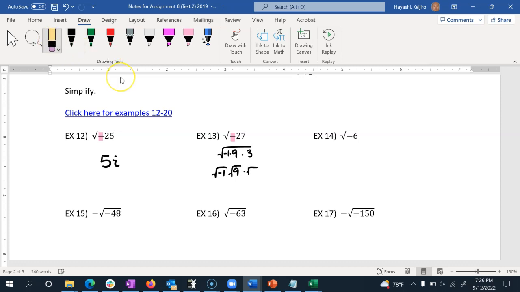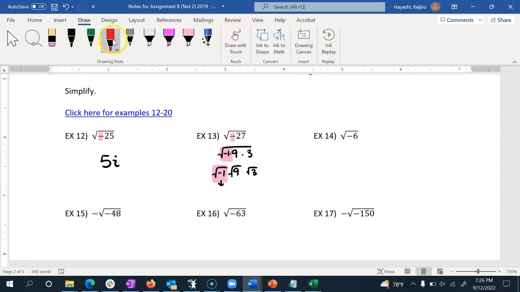When you do this, with this one, it would be negative 9. Wait, why is that 1 right there? It's the negative sign. Oh, it's not really there for the 1, it's there for the negative sign. Gotcha. But I just can't have a square root of a negative sign. You could if you wanted.